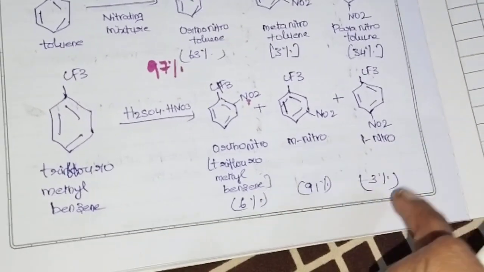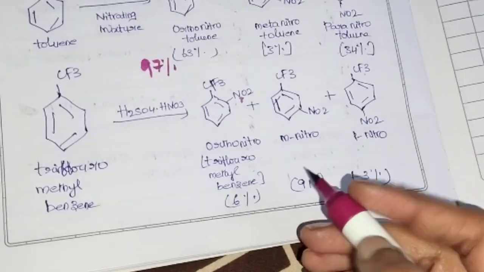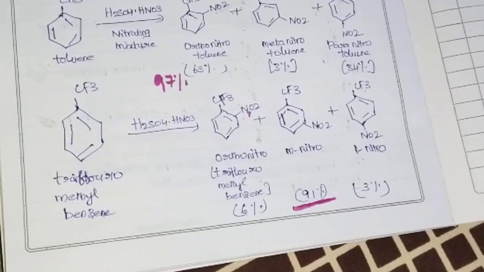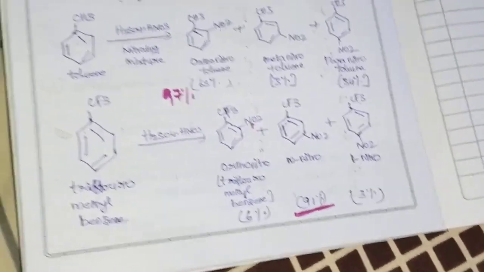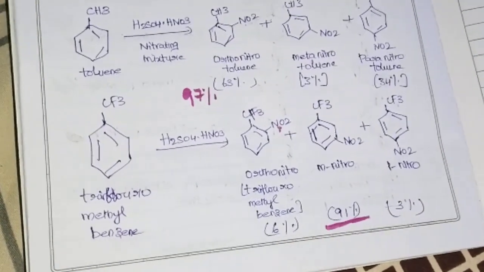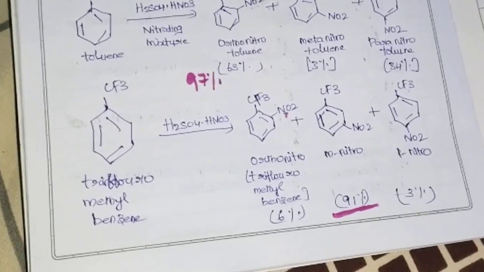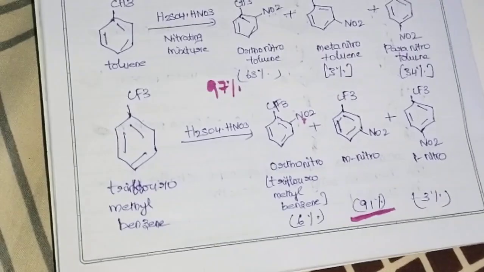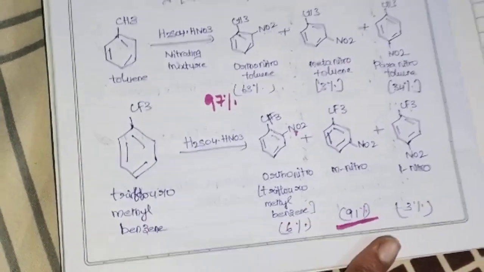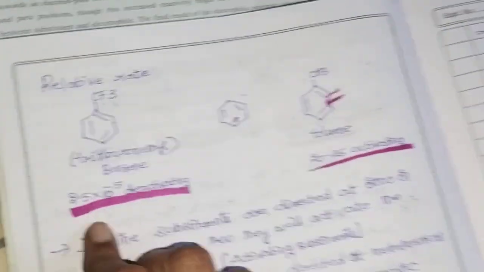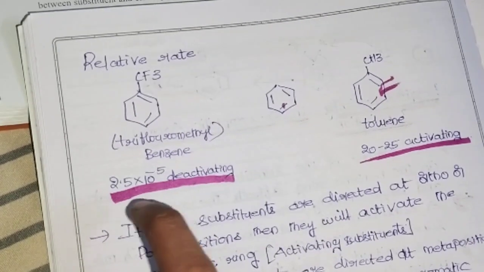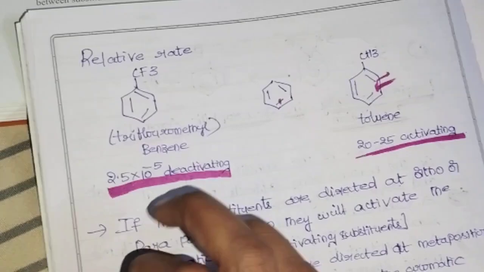At the para position it is 3%. So we can say 91% is at the meta position. When the substituents are directed at the meta position, then it will be deactivating the aromatic compound. That's why it is a deactivating substituent, deactivating the benzene ring by 2.5 into 10 to the power of minus 5 times.